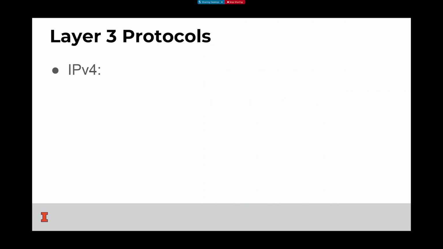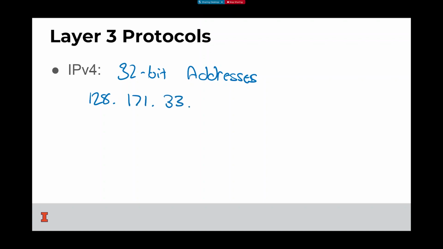There are two IP address versions that exist in the world. There's IPv4, which is what you look at. These are 32-bit addresses. They are read like 128.171.33.180 or whatever.